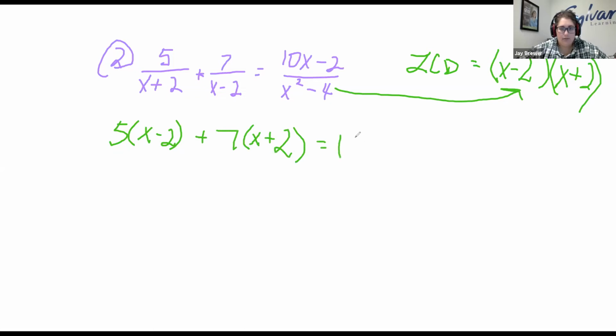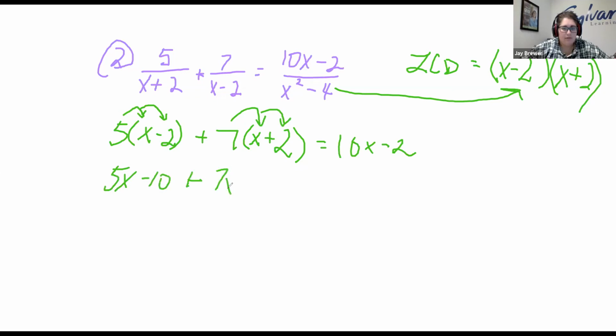10 over x minus 2. Now, don't get into the habit that I got into where I pulled a term out. You're just going to end up having to put it back in. So go ahead and leave it as 10 over x minus 2. So let's go ahead and distribute on the left-hand side. And then we will combine like terms. So 5x minus 10 plus 7x plus 14.